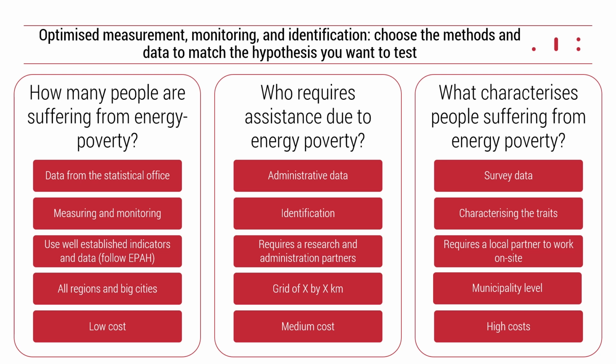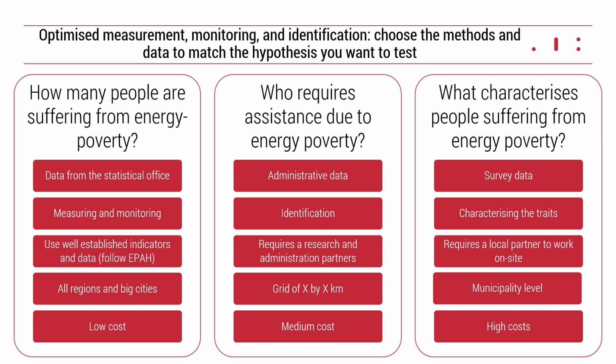Usually people think of survey data as an opportunity to answer those two previous questions, which is measuring and monitoring or identification. I strongly advise that you think of survey data as a source that can help you characterize the traits of the people that suffer from energy poverty.